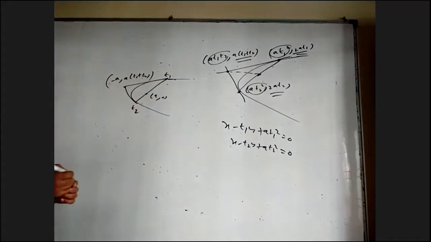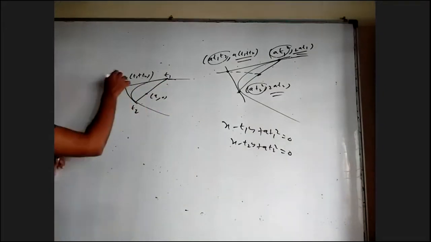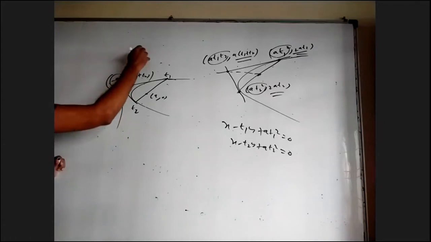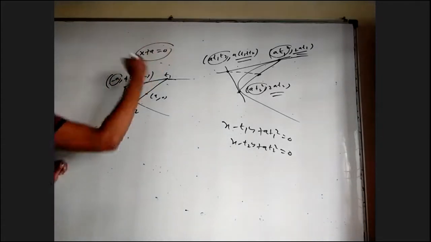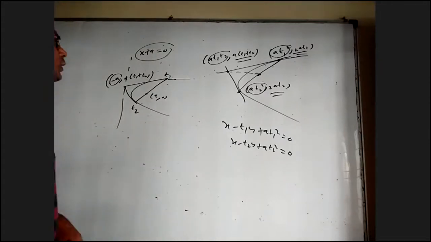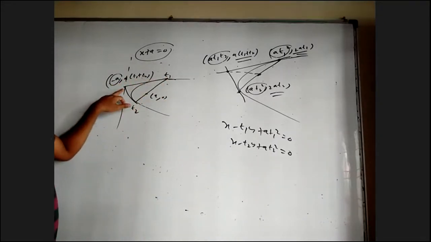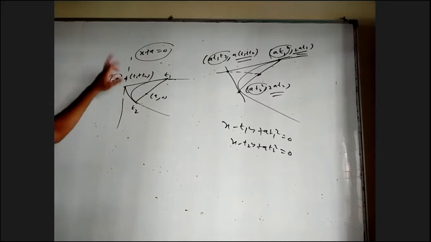Whenever T1, T2 are ends of a focal chord, T1 into T2 is -1. So you'll get minus A. If x coordinate is minus A, that point will always lie on the line x plus A equal to 0, which is the directrix. So right here we proved that if you take any focal chord and draw tangents at the ends, they'll intersect on the directrix.